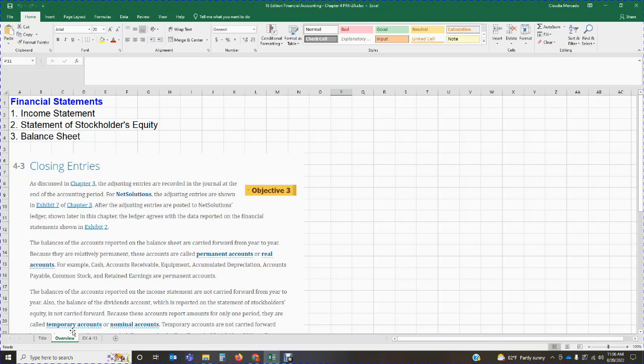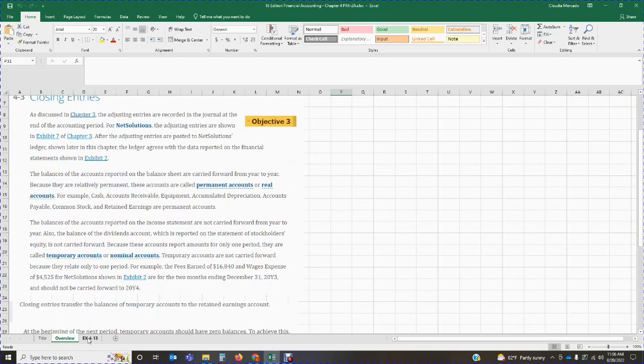In addition to preparing your financial statements, we are also going to be performing the closing entries, okay? Basically what happens is the balances of the accounts reported on the balance sheet are carried forward from year to year. So any of your accounts that you see reflected on your balance sheet, those are your permanent accounts. Those will never be closed unless the business is closed.